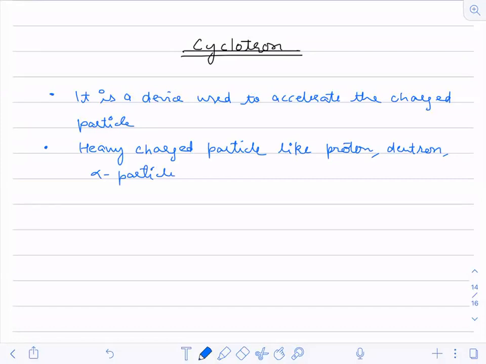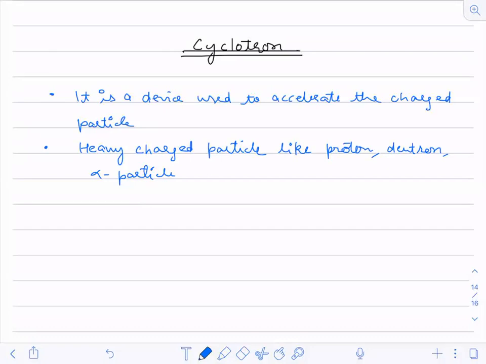Now, why do we actually want this in nuclear physics, for experiments, for bombarding, transmutation? There are so many uses, like making new radioactive elements. All these uses you will see at the end.